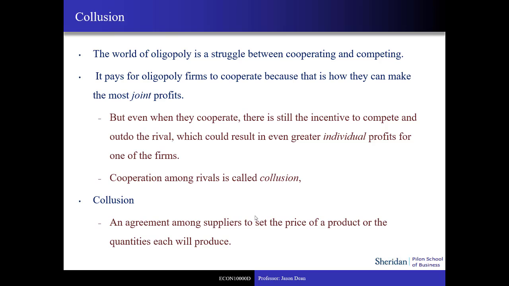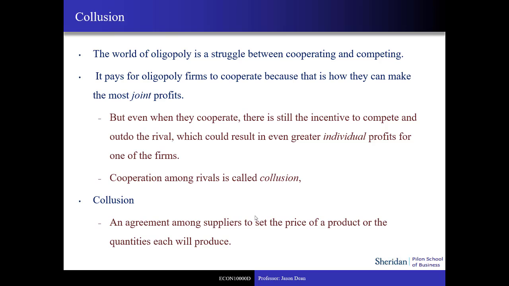Now, you can think about why it would pay for them to cooperate. Basically, suppose there's just two firms, well, they could, in principle, get much higher profit if they behaved like a monopolist. So they would want to get together and figure out what the optimum quantity would be to produce, and then they each would produce that.